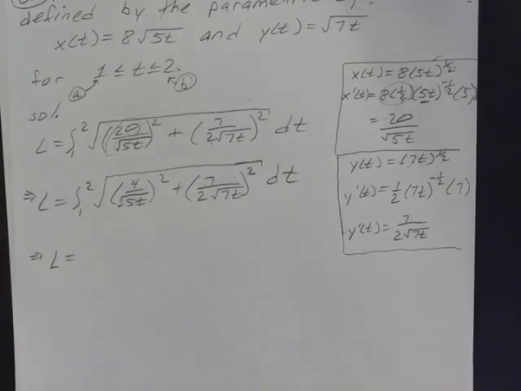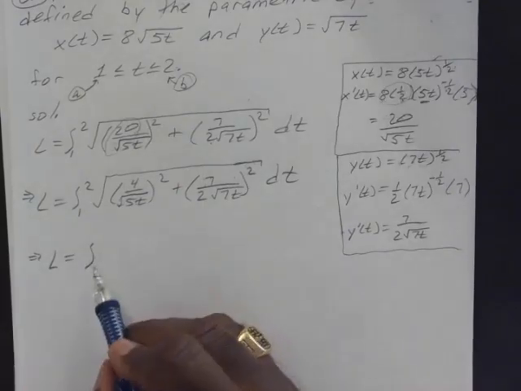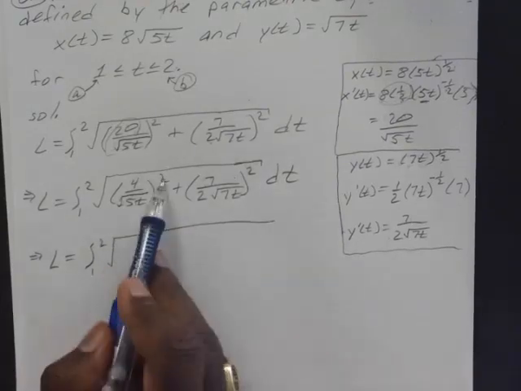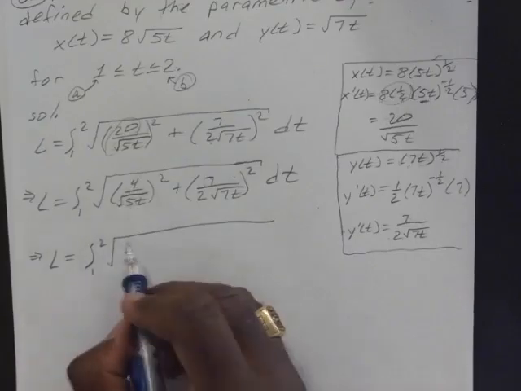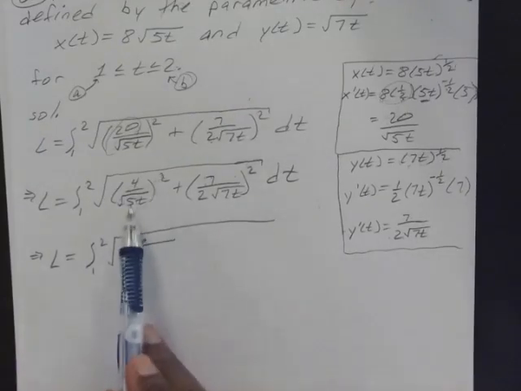Okay. So if we do go ahead and simplify it, that gives us the integral from 1 to 2 of the square root of 16, since 4 squared is 16, divided by the square root of 5t squared is just 5t.